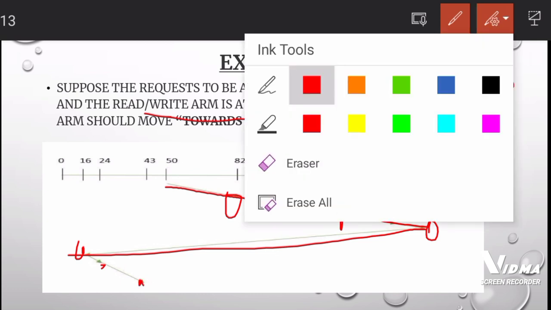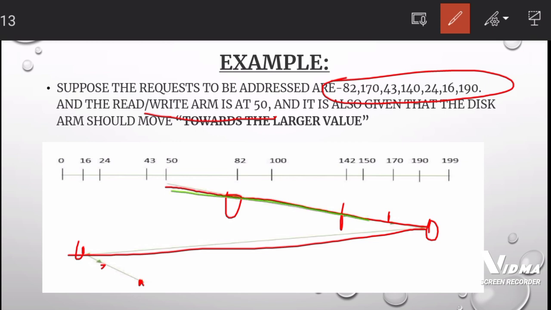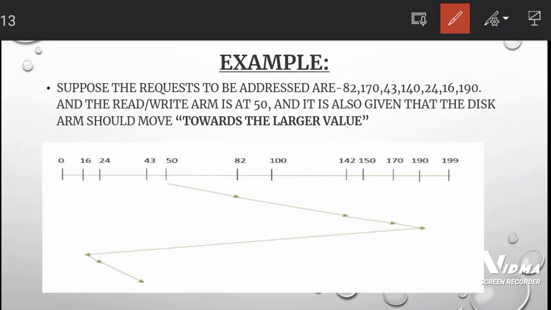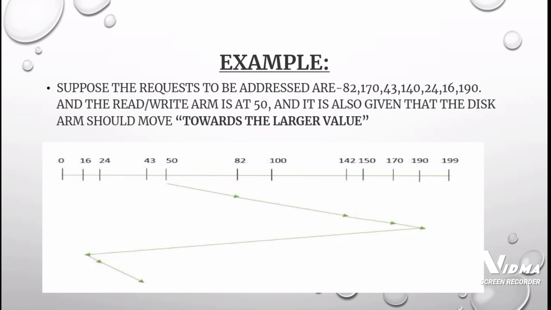So it looks like a circular path. That's why it is called circular LOOK. So I hope you understand what this scheduling algorithm is and why it is important, some important terms, and two types of this scheduling algorithm, meaning the LOOK disk scheduling algorithm and CLOOK, meaning circular LOOK, disk scheduling algorithm. Thank you.